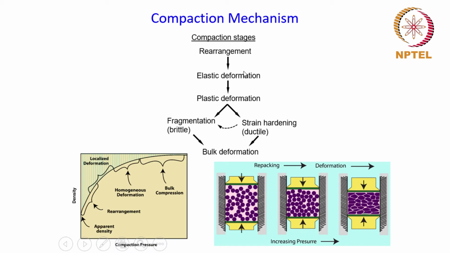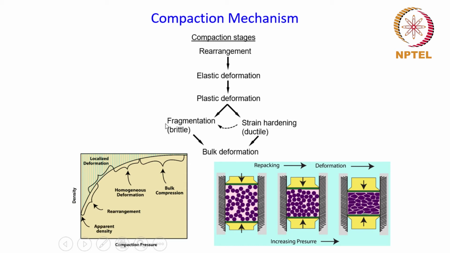And as the pressure is increased, the powder particles will start to deform. So at lower pressure, the deformation will be elastic, and as the pressure is increased further, the powder particles will eventually deform plastically.